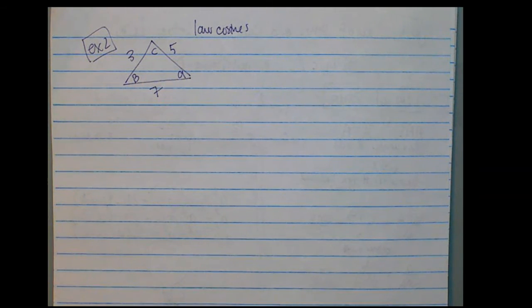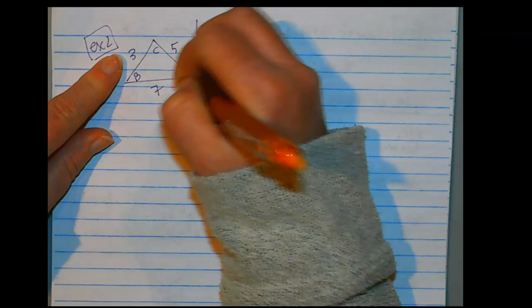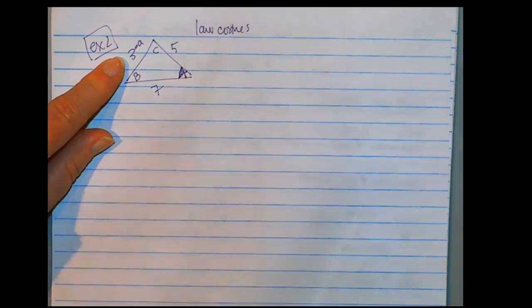Okay, so pick a side. Okay, I heard 3 is a side. So 3, that means I'm looking at a big A. Sorry, angles are big. So this is little a. So when I do my law of cosines, this is what it looks like again.